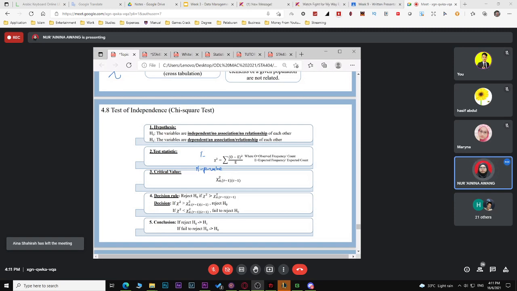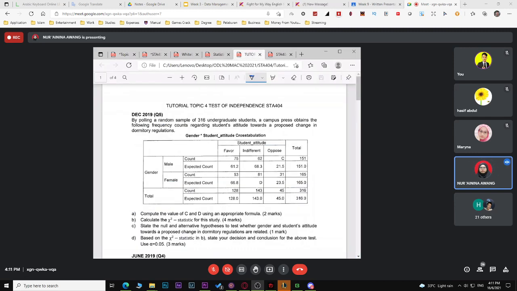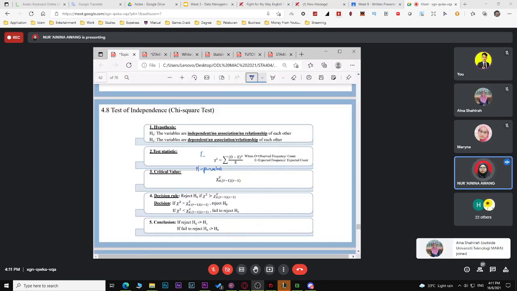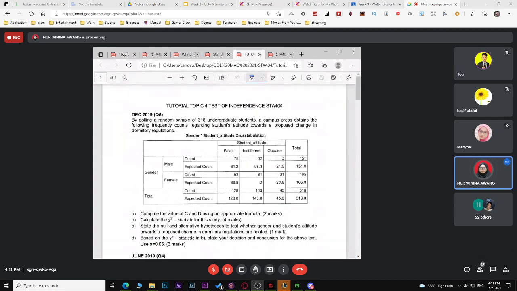If you look at your SPSS output, the value should be this one, count. Count is your O, the observed frequency, while the other one is your E, the expected frequency or expected count. It will be located just below. So this is your O, this is your E.